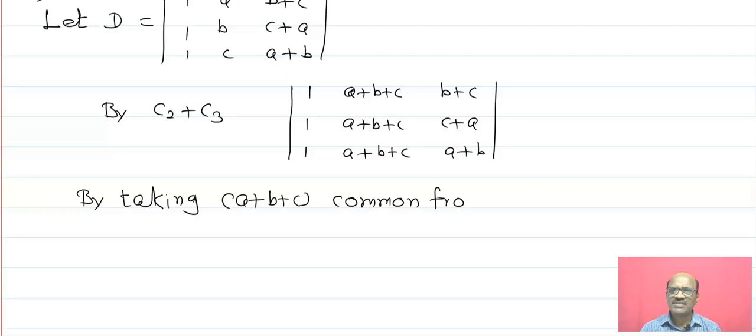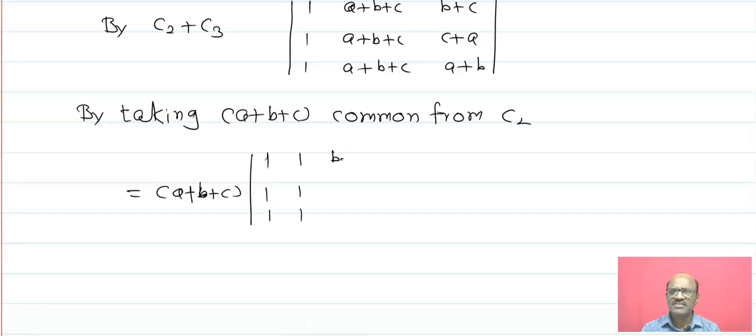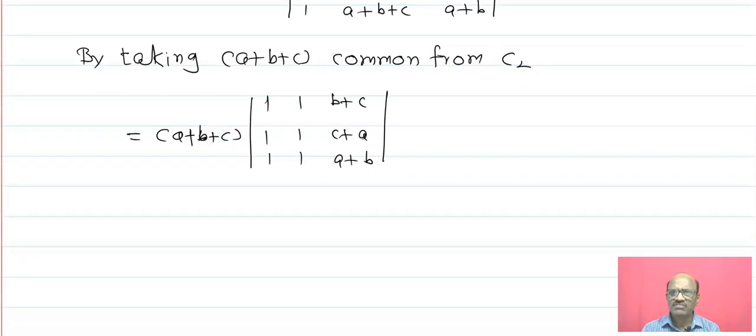If you add C3 in C2, then you will get the second column as A plus B plus C, A plus B plus C, A plus B plus C. And if we take A plus B plus C common from the second column, then the first column is 1, 1, 1, the second column is 1, 1, 1, and the third column is B plus C, C plus A, C plus B.